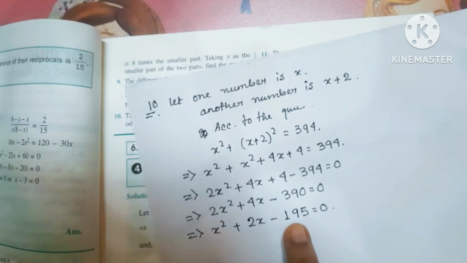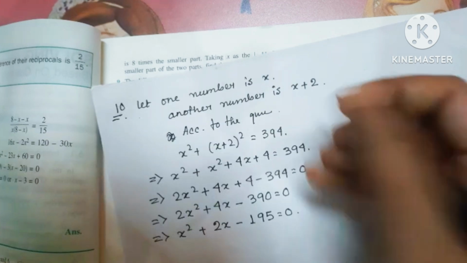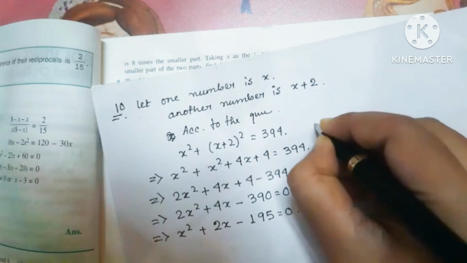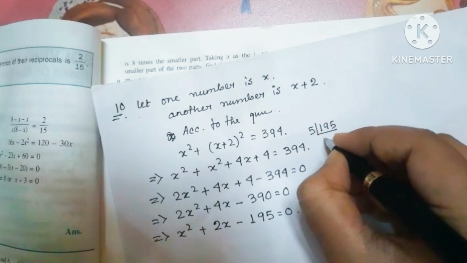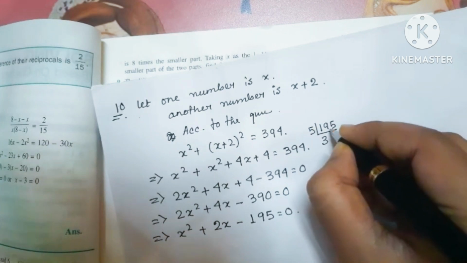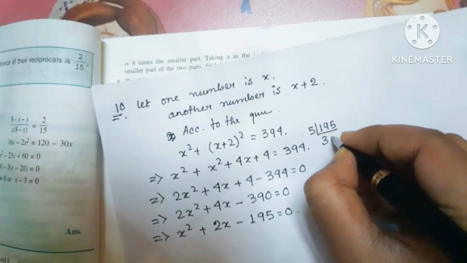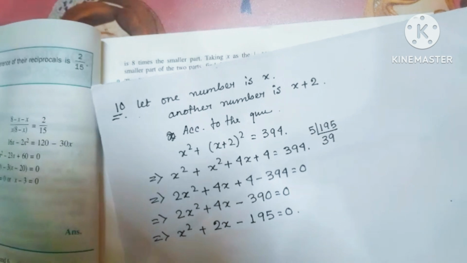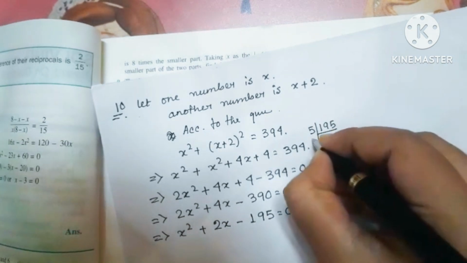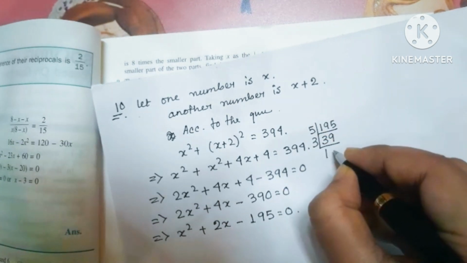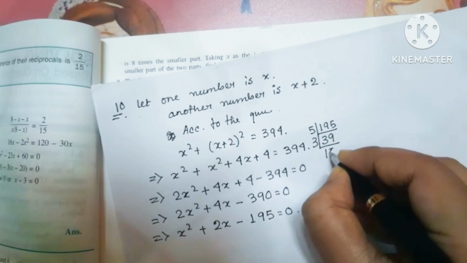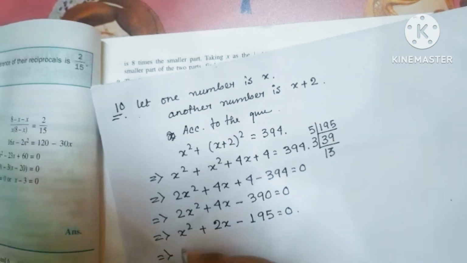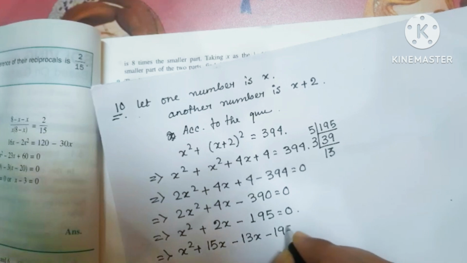Now see, 195, if you divide it by 5 you will get, again, if you divide by 3 you will get 13, right? Now see, that means x square plus 15x minus 13x minus 195 equal to 0.